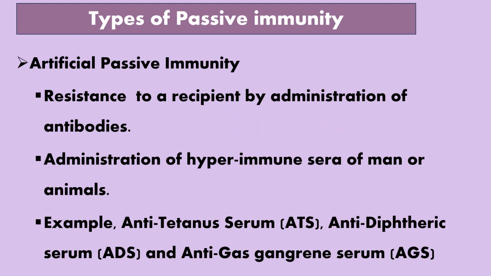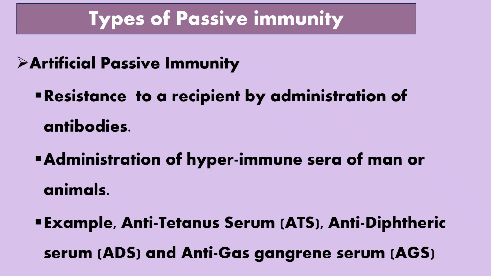The next type of passive immunity is artificial passive immunity. This type of immunity gives resistance to the recipient by the administration of antibodies, by the administration of a hyperimmune serum of a man or animal, a serum which contains the antibody. For example, anti-tetanus serum is prepared in a horse by active immunization of the horse with tetanus toxoid, bleeding it and separating the serum.